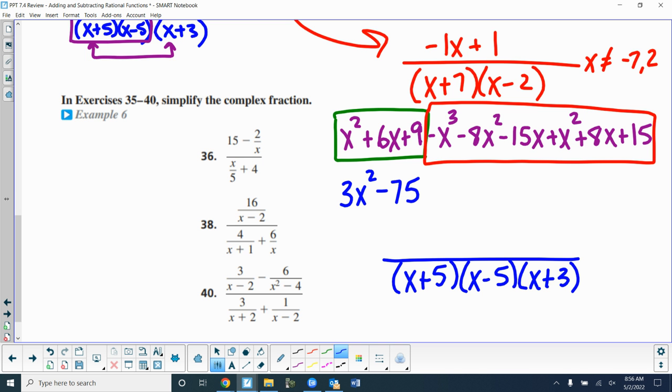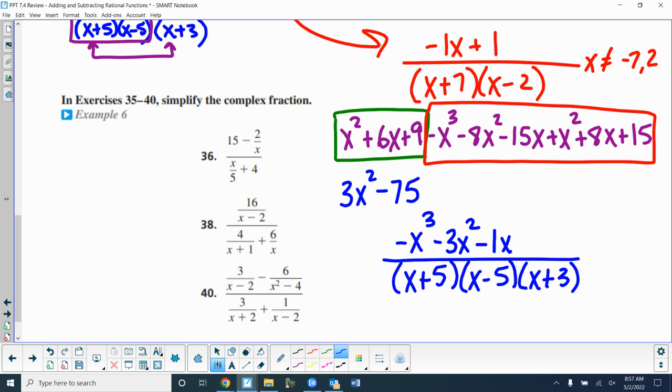All right, so combining like terms. I have the 1 x cubed, which was negative. Then 1x squared minus 8 is a negative 7, plus 1 is a negative 6, plus 3 is a negative 3. 6x minus 15 is negative 9x, plus 8 is a negative 1x.